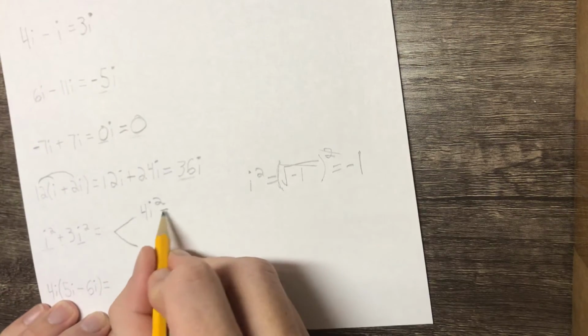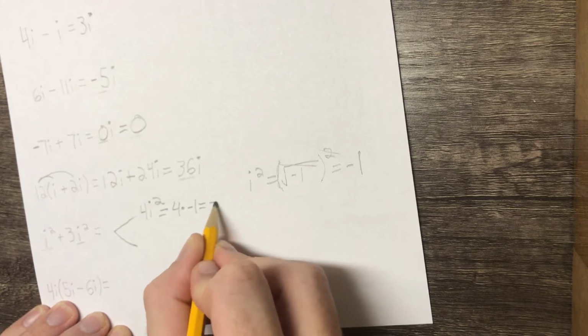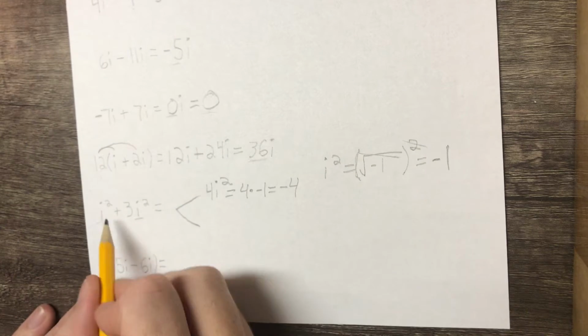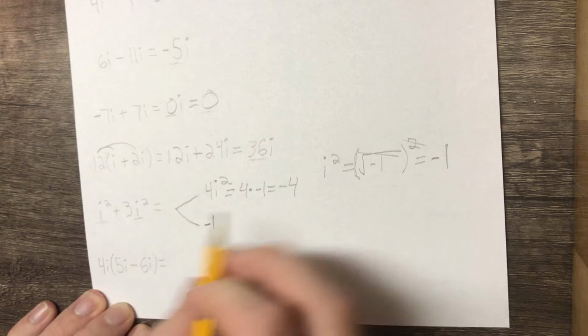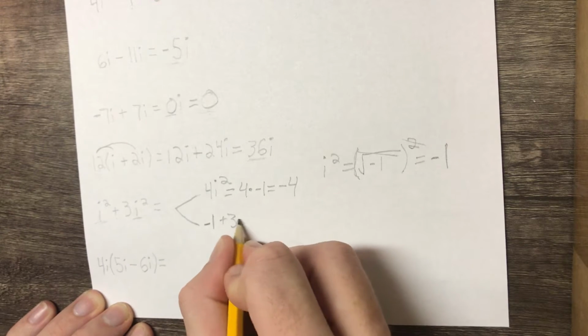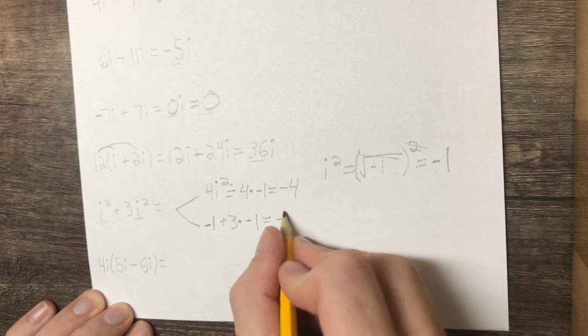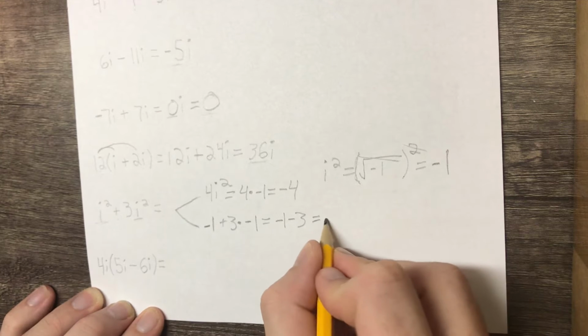So now this is equal to 4 times -1, which is -4. The other way we could have done this is to say, okay, that's i squared, so that's -1, plus 3 times -1. So this is equal to -1 minus 3, which is equal to -4.